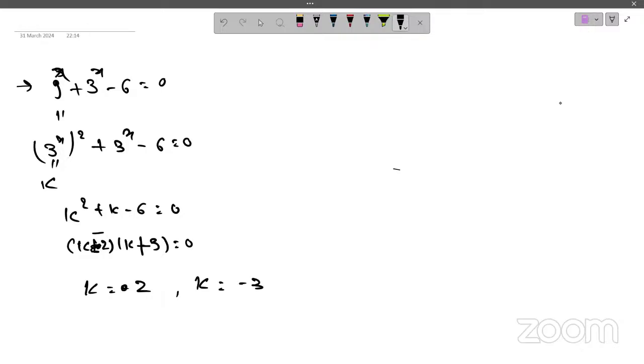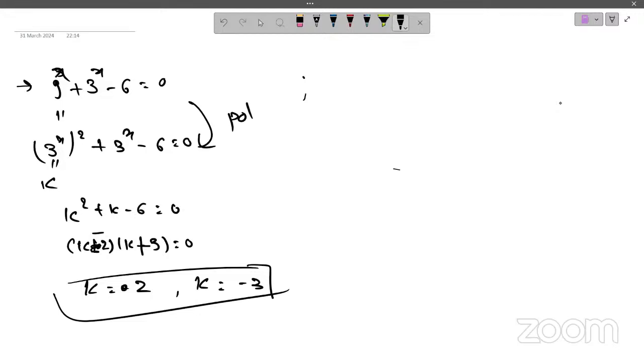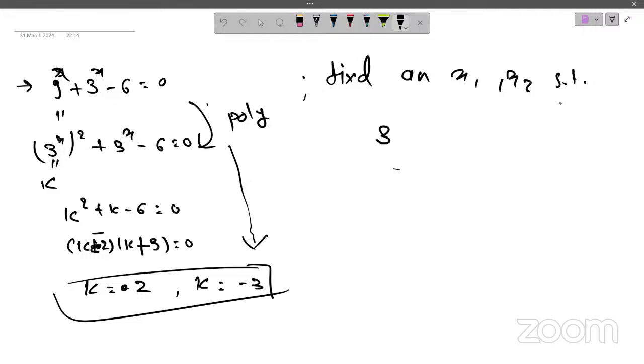I think I have discussed this already, but let me go through it. First reduce it to the polynomial, then find the roots, and then find x. Now your goal is to find an x1 and x2 such that 3 to the power x1 is equal to 2 and 3 to the power x2 is equal to minus 3.